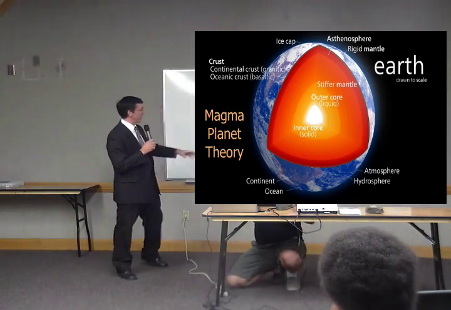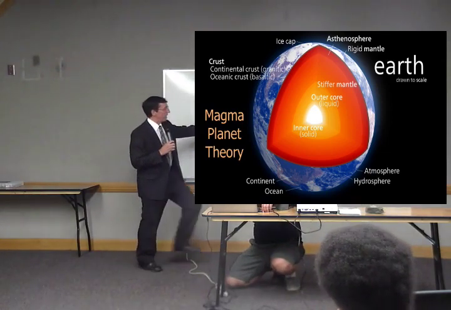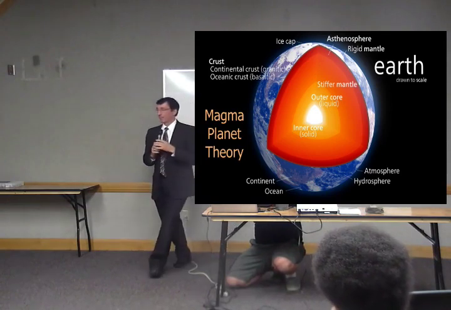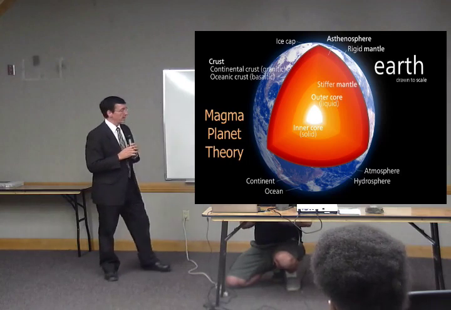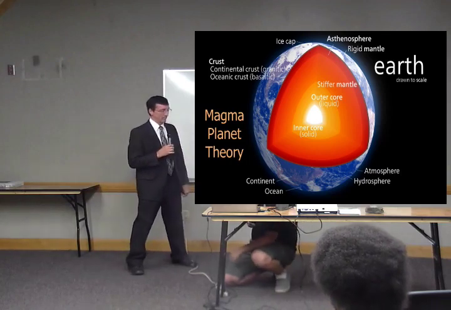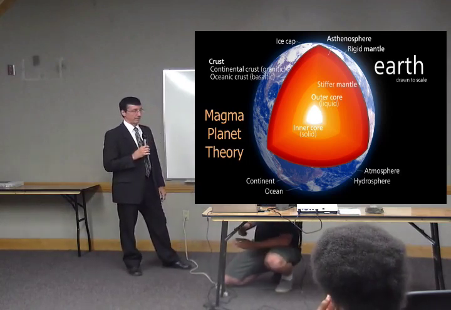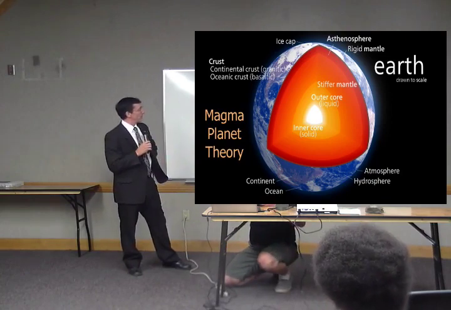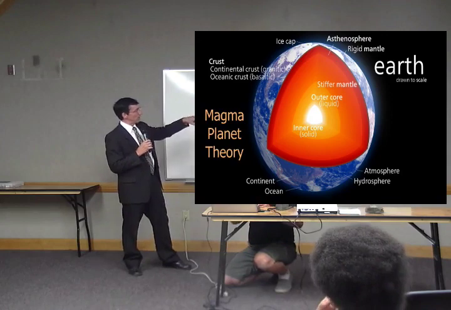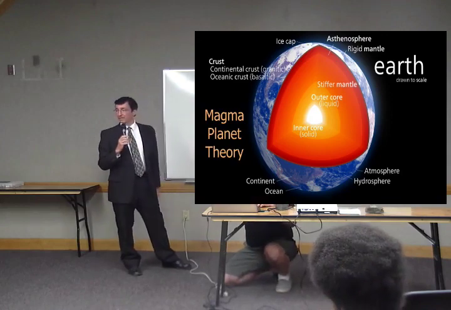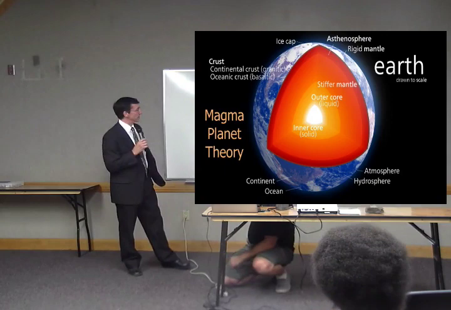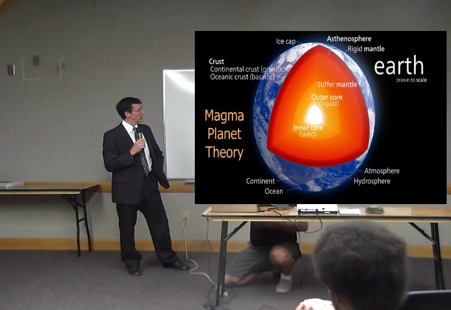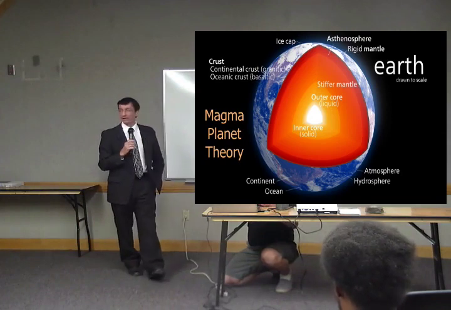The magma planet theory says that all of this inner core is molten rock. Okay, it's magma. The magma is that orange there near the center. So they say there's a solid iron core, and then the liquid outer core is the magma.